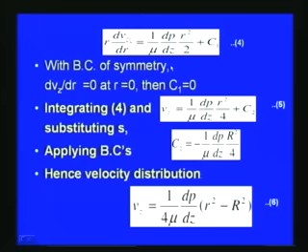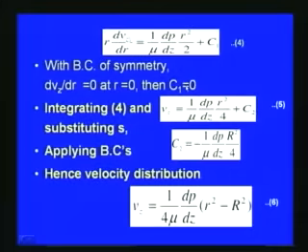Now we have the boundary conditions, so we can find the constants of integration. At the center line the velocity is maximum, so dvz by dr is equal to 0 at r is equal to 0. From equation number 4 we get C1 is equal to 0.